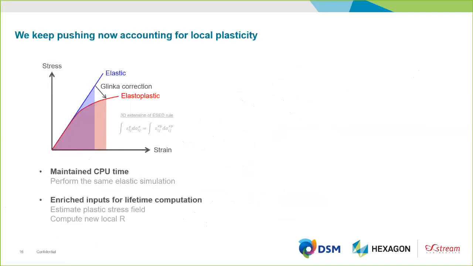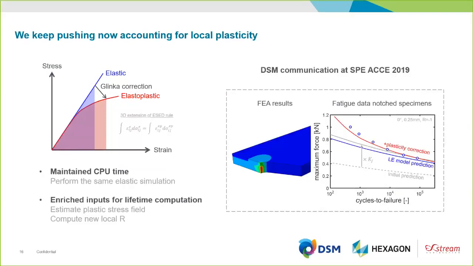And now for the next version, they implemented also a correction that accounts for the high level of stresses that you will get at some locations, especially those highly loaded locations that fail.